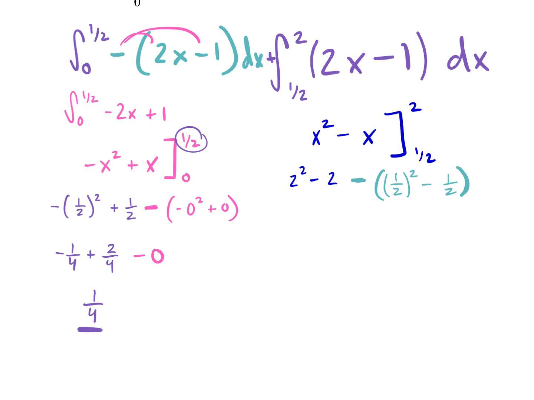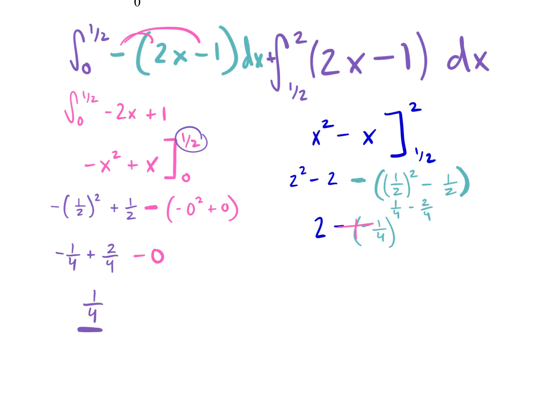So here we have 4 minus 2 would be 2, minus, inside of our parentheses here, this would be 1/4 minus, I'm going to give it a common denominator, so call it 2 over 4. So this ends up being negative 1/4. So 2 minus negative 1/4, this turns into a plus, and we'll give this a common denominator.